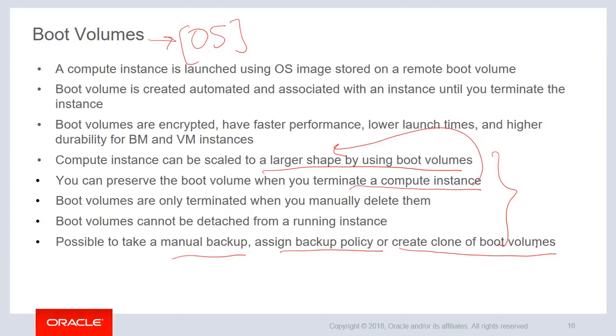It's a storage volume which exists on the network. It's not really attached to the compute instance like a directly locally attached disk. Because of that, you can take a manual backup, assign a backup policy, or create a clone. All the characteristics and features you get with block volumes, you also get with boot volumes.